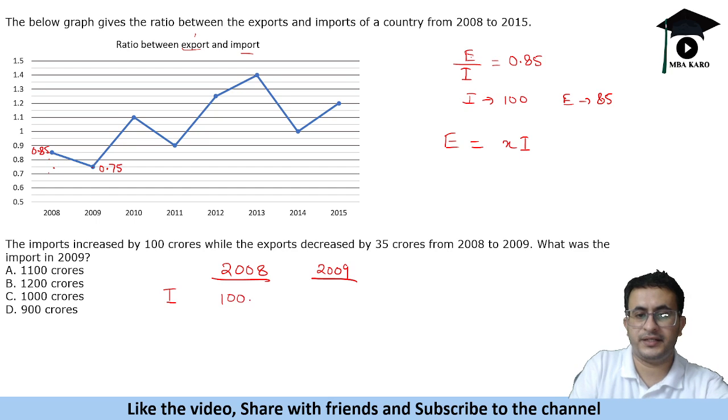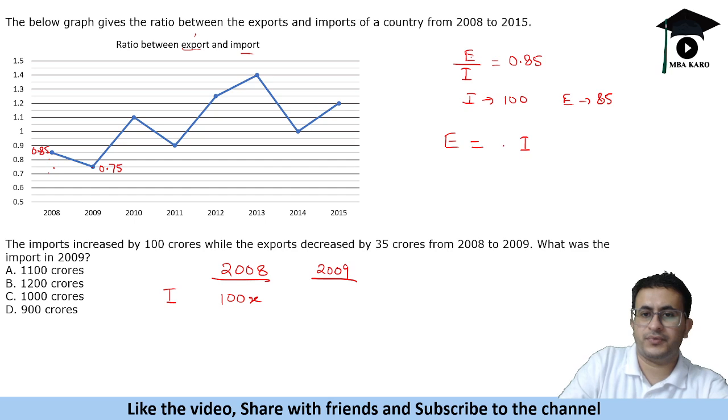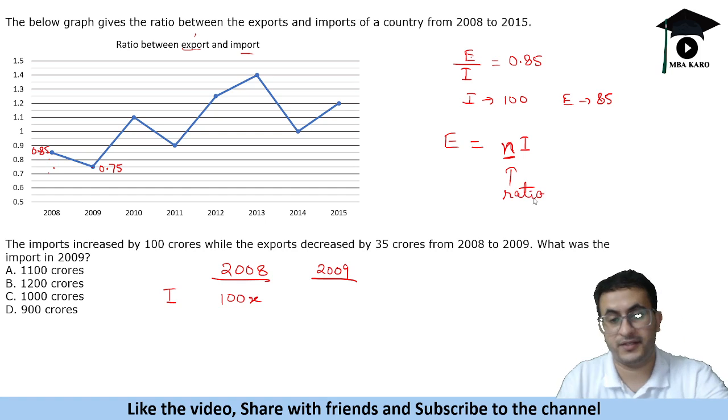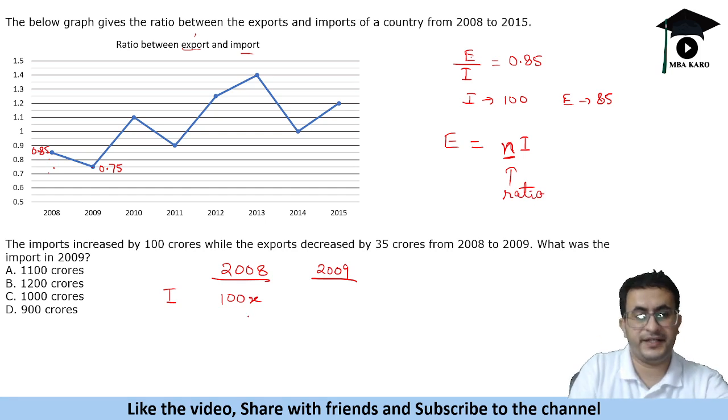Let us say 100x. Okay. So here E is equal to n into I, where n is the ratio of export and import, which is given in the graph. So if we take it as 100x, so we can find export here. So export in 2008 is 85x.